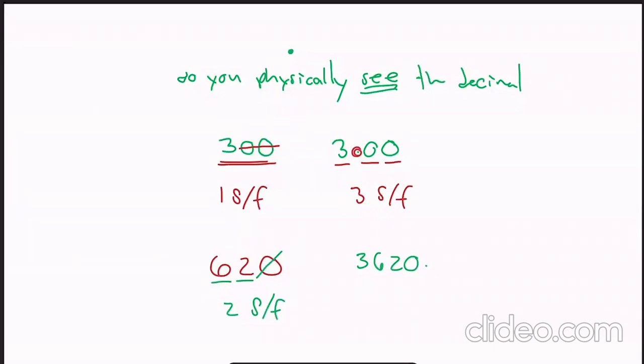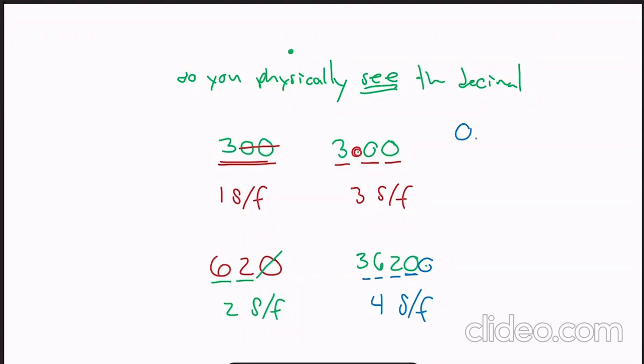Do I see the decimal place? Yep, I sure do. It's right here. I have to include this trailing 0. 1, 2, 3, 4, 4 significant figures. So it all just depends if you physically see this decimal.